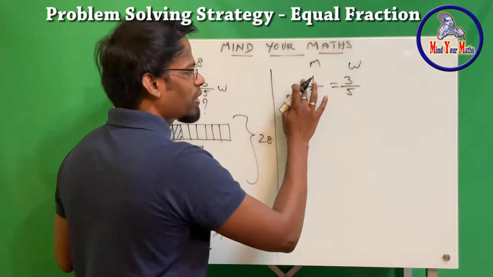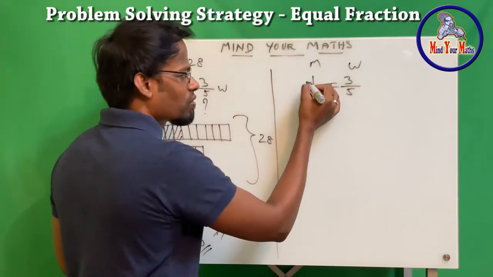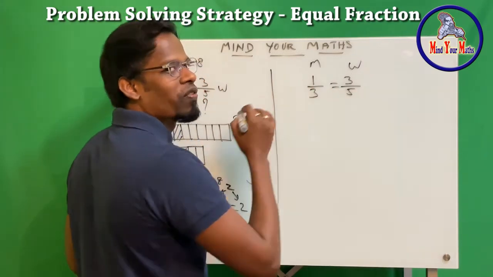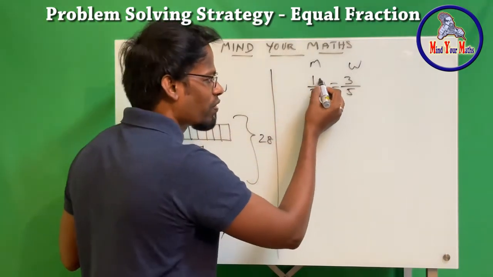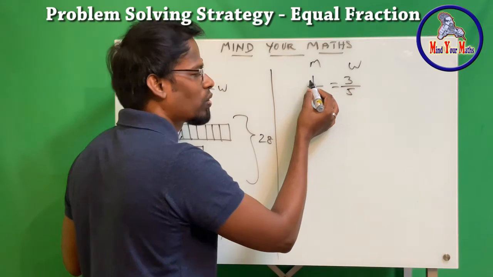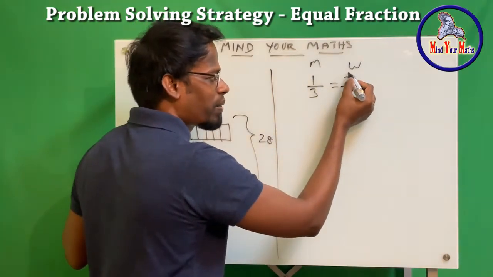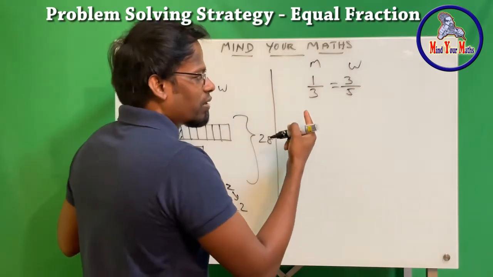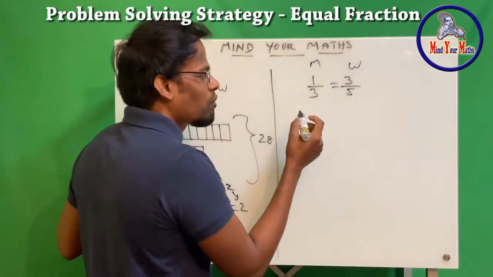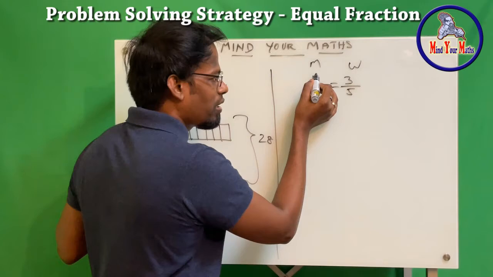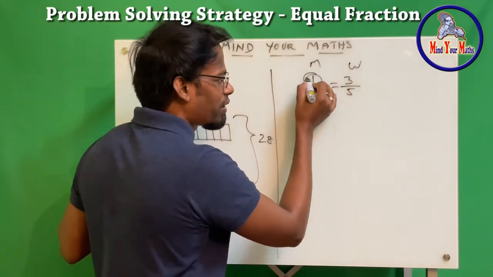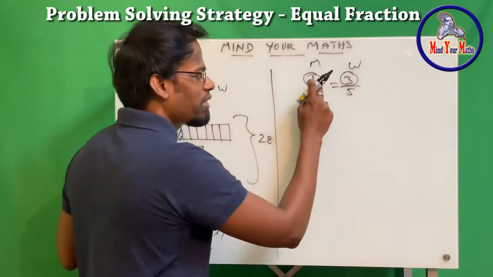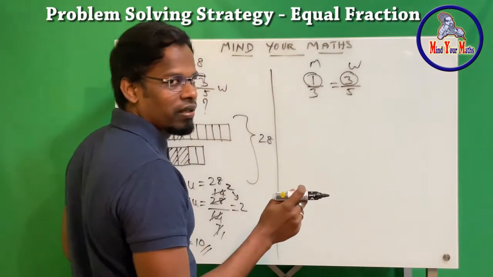As per the problem, this one group of men is equal to the number of women in these 3 groups. So here we need to match the numerator on both the sides, because that's what the problem says.